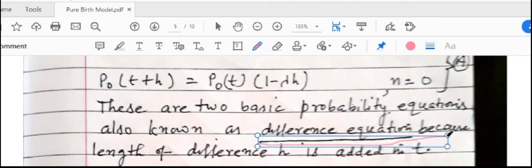You are taking 0 customers and then reaching 1 customer, a variation of 1. In case of a discrete variable the distance is 1, but here the distance is instantaneous, that is h, which is added in t. This part is a difference, and this is the sufficiently small unit of time h, and therefore this is known as a difference equation.